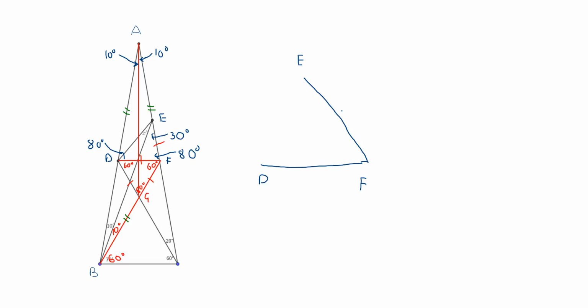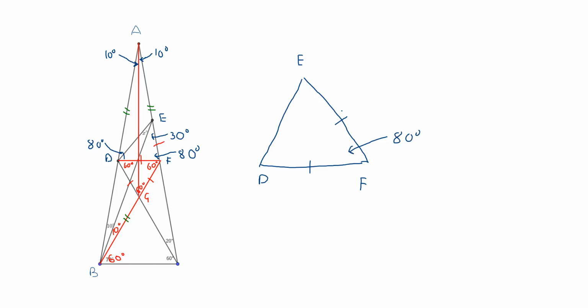So let's see if we can work out what this is. The first thing I see is fantastic. EF and DF were the same. We've shown that. So let's label them. We have DF and EF the same, but I also know that this angle here, EFD, is 80 degrees. So let's chuck 80 degrees on here.